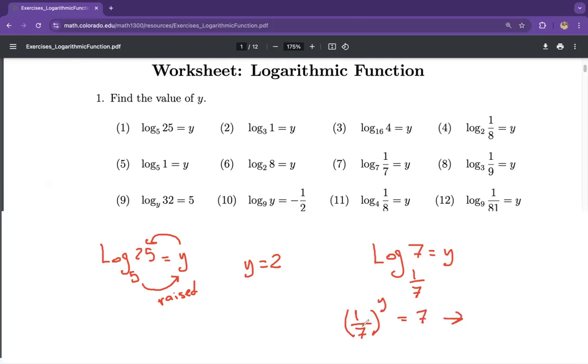Now the 1/7, we could change that to 7 to the power of -1, so 7 to the power of -y equals 7 to the 1. Cancel the bases. Negative y equals 1, and therefore y would equal -1 here. Or basically 1/7 to the power of -1 will give me 7. Does that make sense?